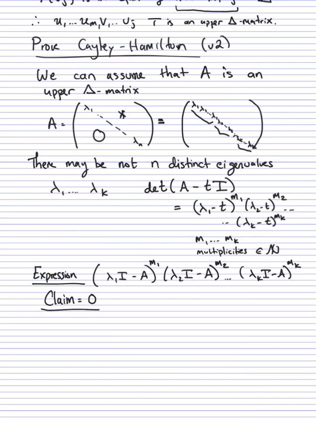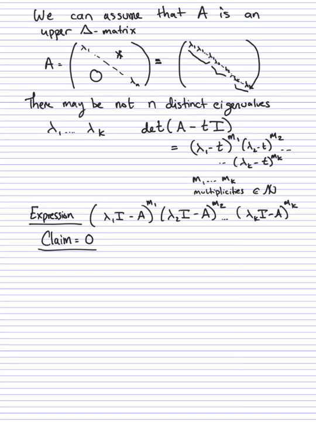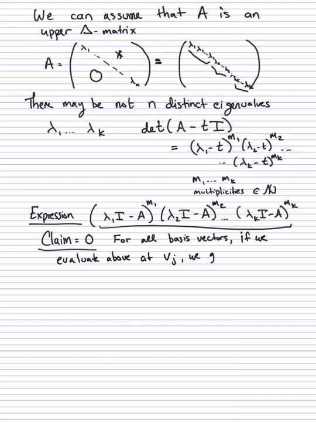And I will give the idea of the proof of this. So what do we need to show? Well, remember, this is just some matrix, okay? And you can think of this as a transformation. So what we're going to show is that for all the basis vectors, and we've chosen a specific basis so that A is an upper triangular matrix, for all these basis vectors, this expression evaluated at v sub j gives 0.